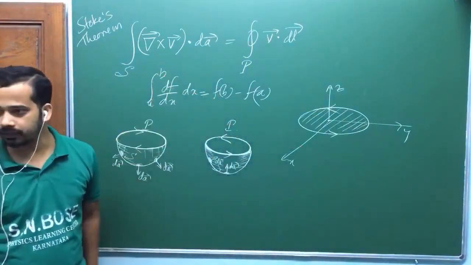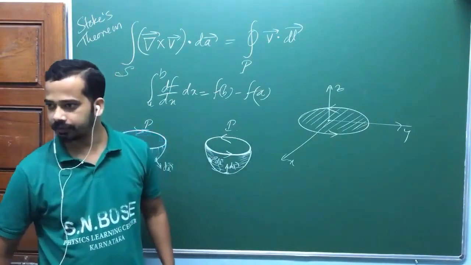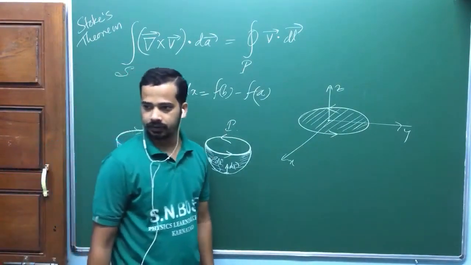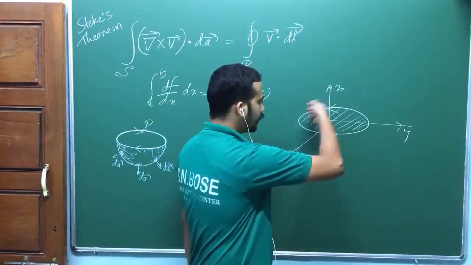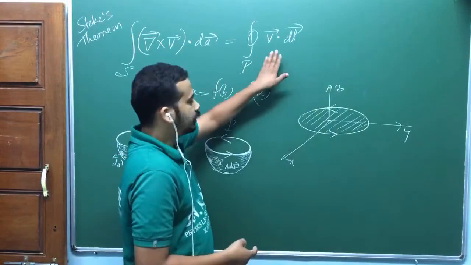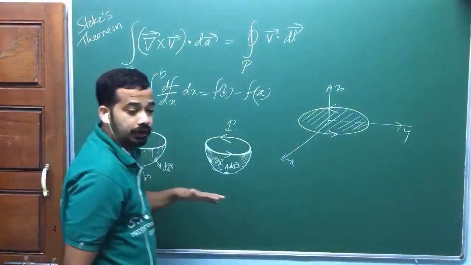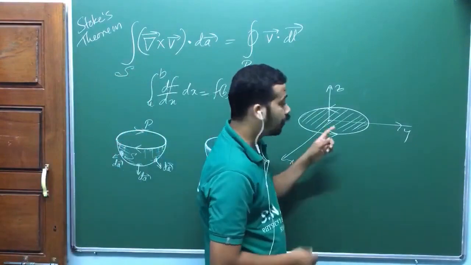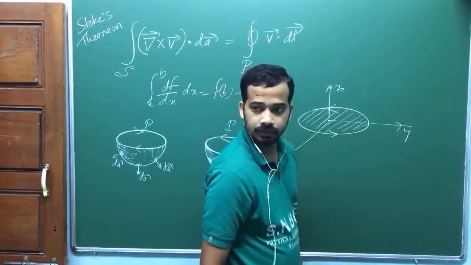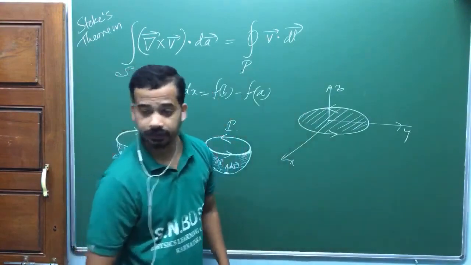This is how we think when we apply that one. I think in the example problem he proved it like that only. You have a circle in the xy plane, and that is a path integral, this part of the theorem. What surface can you choose? There are infinitely many surfaces whose boundary line is this path, and that plane itself is one of them.